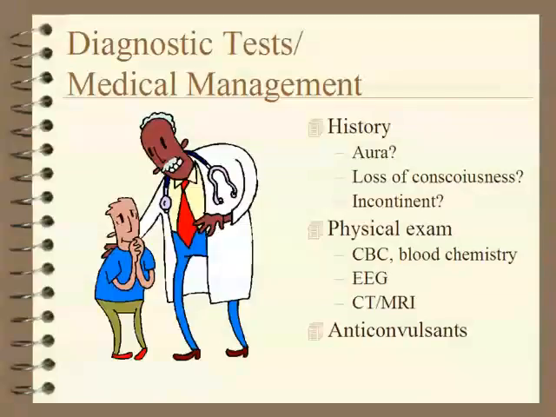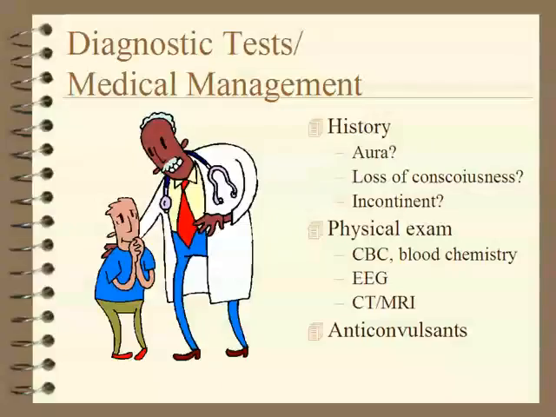If we're looking at physical exam, what would be some things that we'd want to assess here? Well, they probably do a CBC and blood chemistry. Again, we'd be looking for any electrolyte imbalances, signs or symptoms of infection that may have precipitated the seizure activity. EEGs can be used as well to try to determine if there is seizure activity and what may be the cause of it.